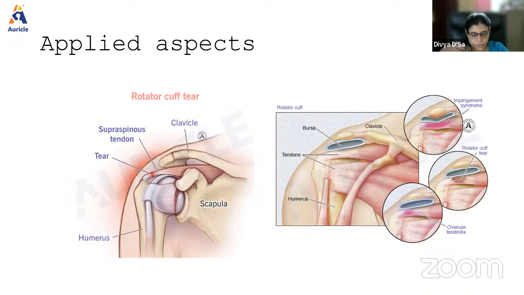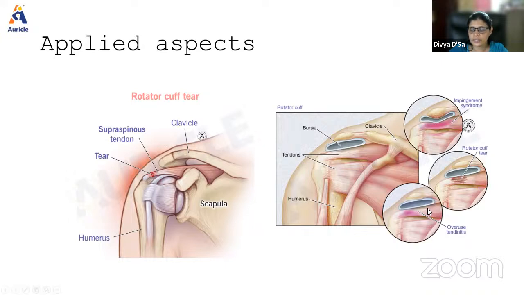Usually these rotator cuff muscles are prone to tear, especially in fast bowlers. Especially the supraspinatus tendon, it's a common tear which we see. Above the supraspinatus there is a bursa, which can get impinged and may cause impingement syndrome.